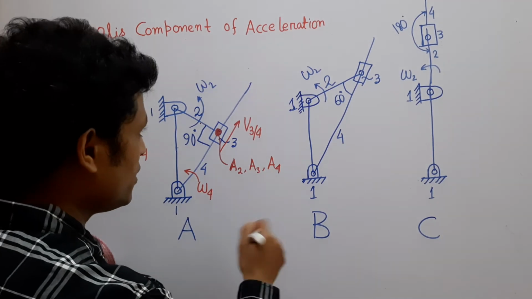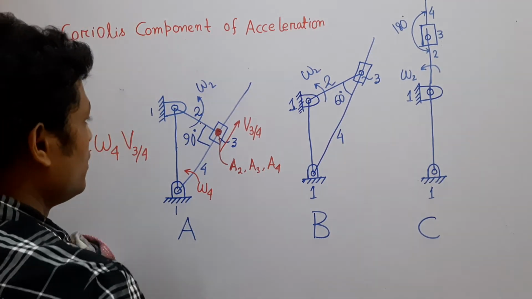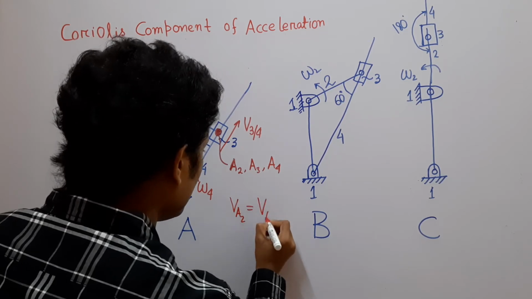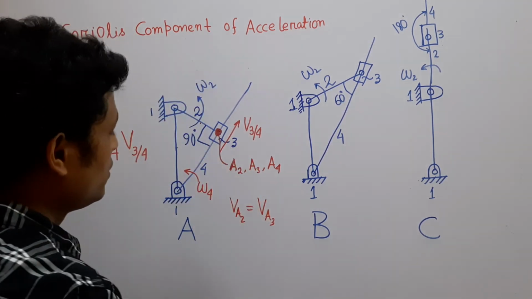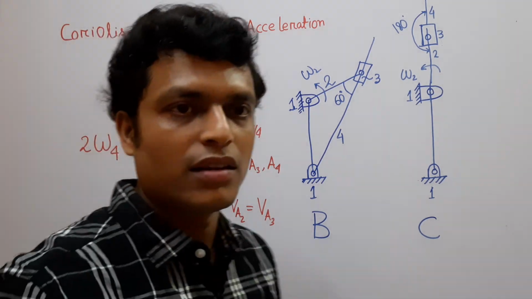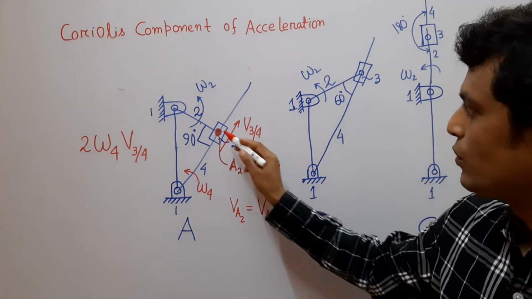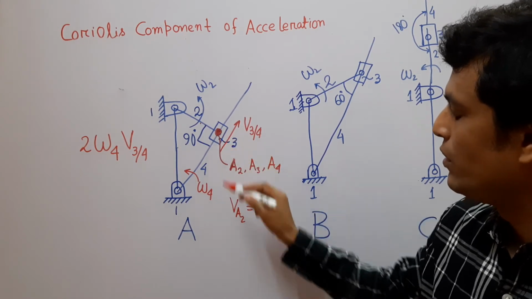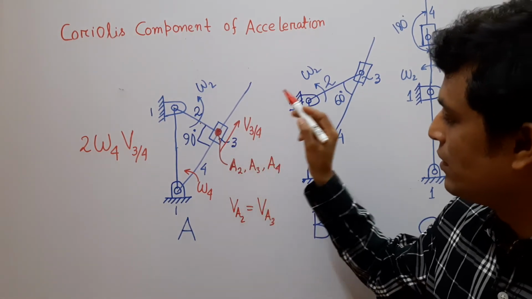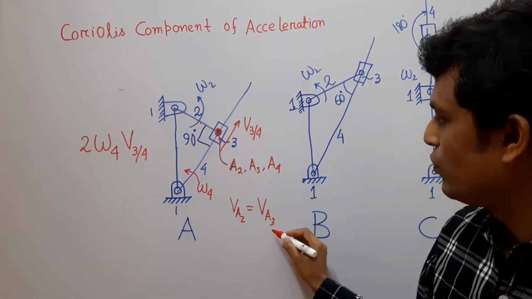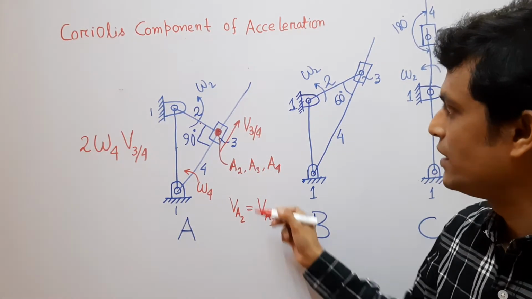I have discussed in my earlier lectures, VA2 is equal to VA3, because this center of revolute joint is nothing but the relative instantaneous center between 2 and 3. So VA2 is always equal to VA3.